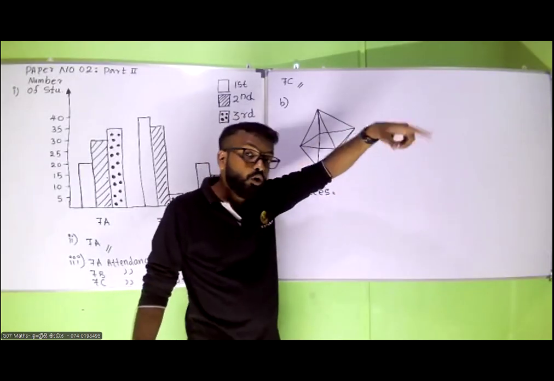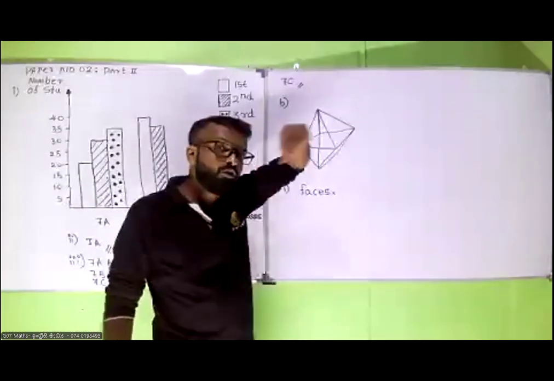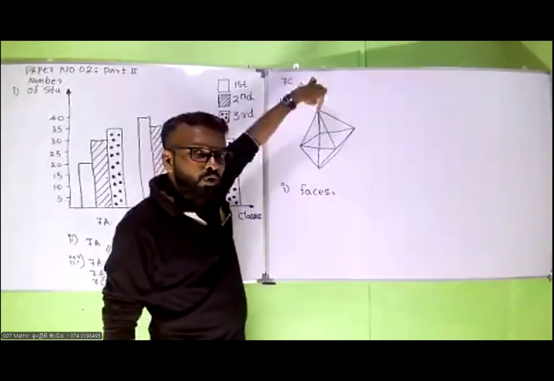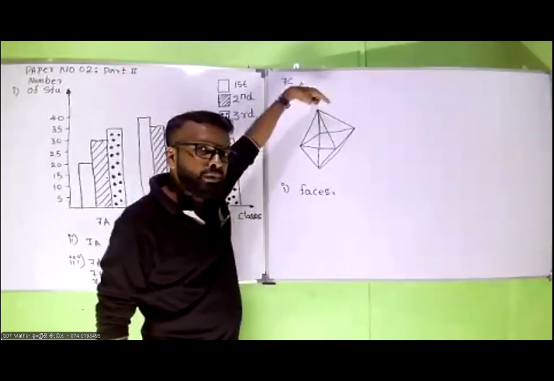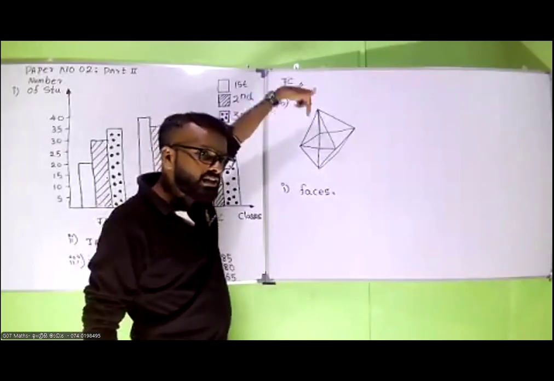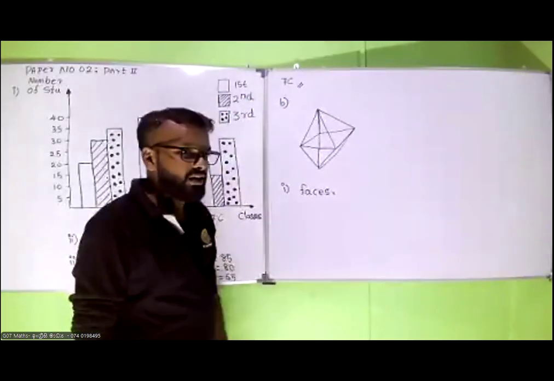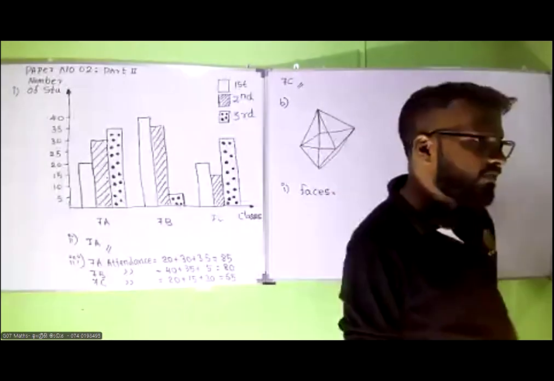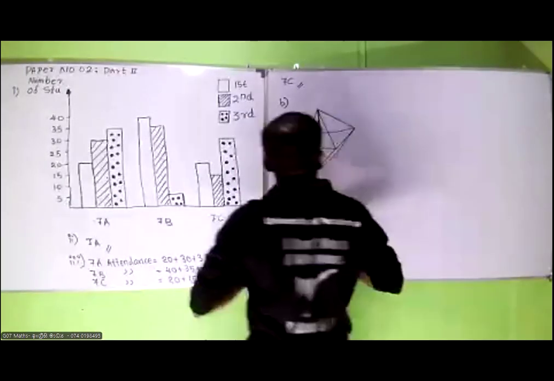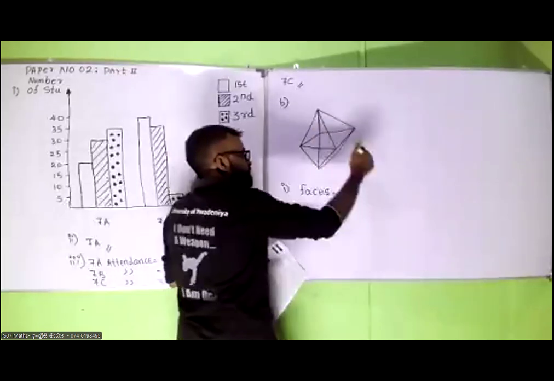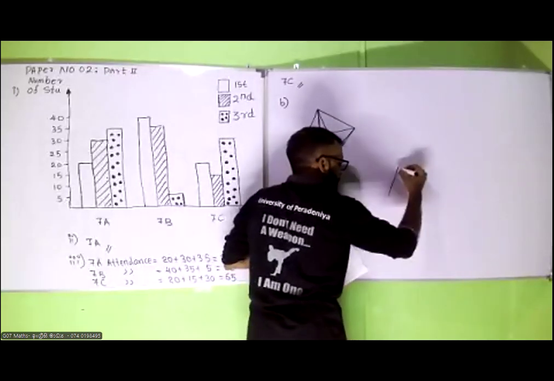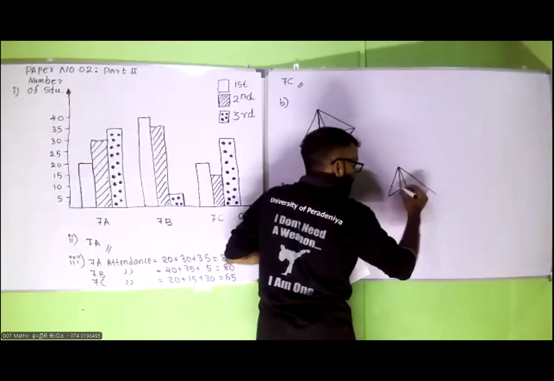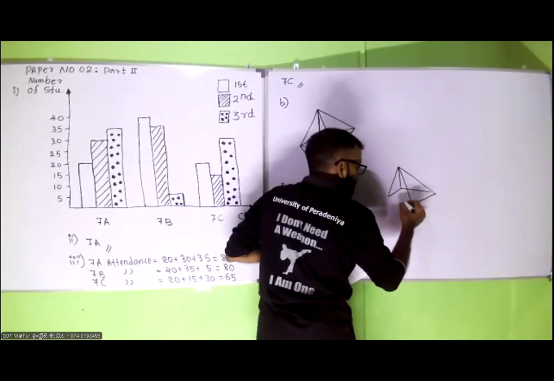On top of those four sides, how many triangles do we have for a square-based pyramid? How many triangles are around that? Yes, four. So now here, it is something like this. And on the other side, we have another face.